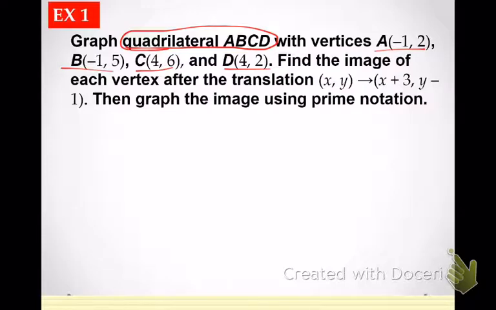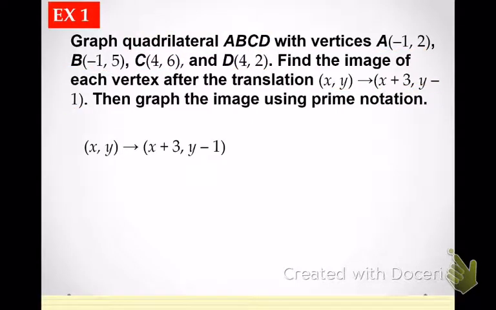Now we want to find the image of each vertex after the translation. And here's the translation rule. Basically what we want to do is slide right 3 in the x direction, down 1 in the y direction.